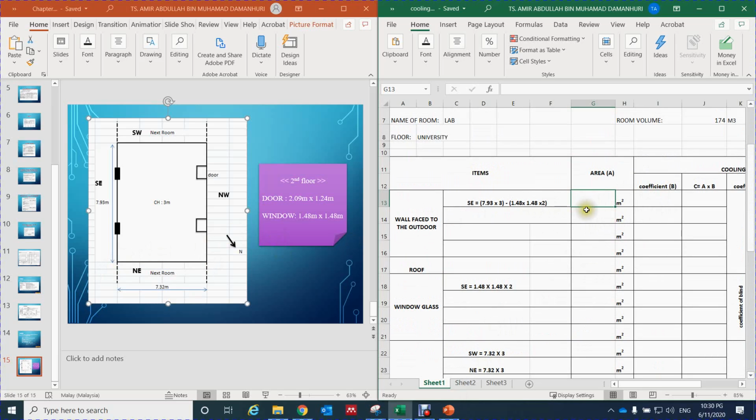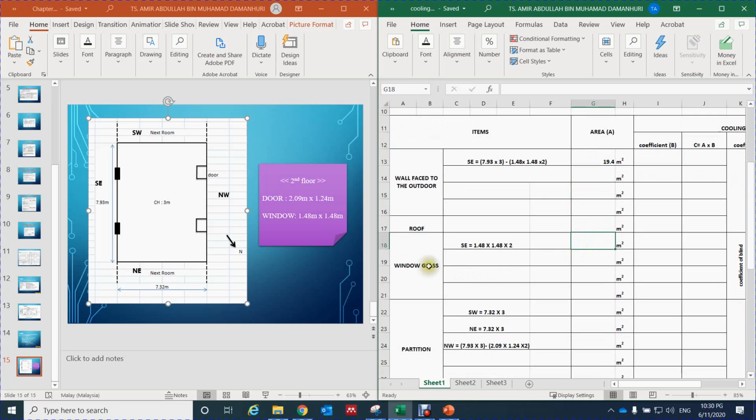The area for the southeast wall, you have to use a calculator, easy for us to subtract: 7.93 times 3, and then you have to minus 1.48 multiplied by 1.48 times 2. So I hope you get the same answer as me, which is 19.4 meter square.